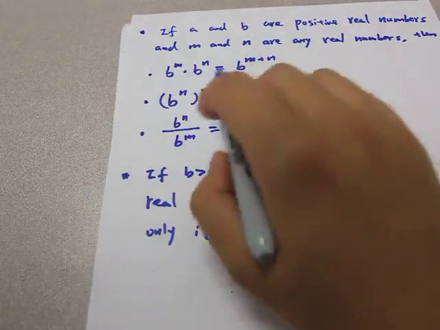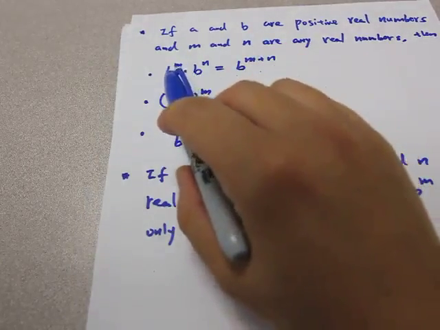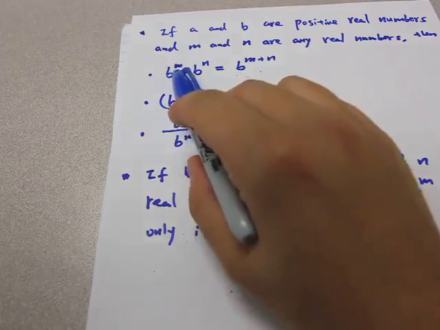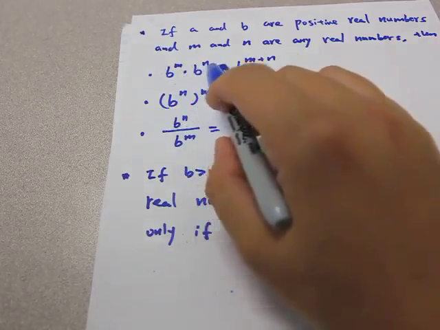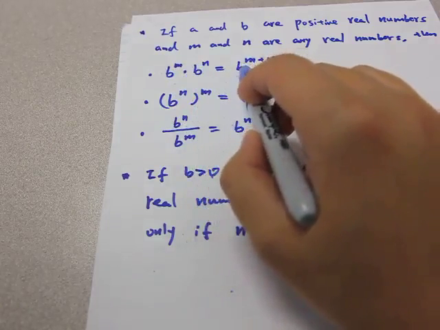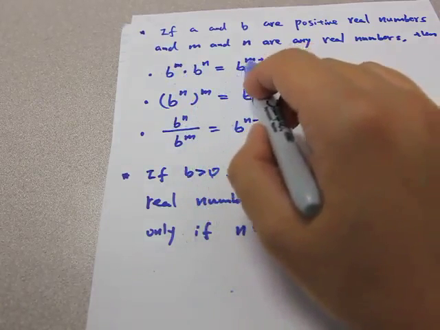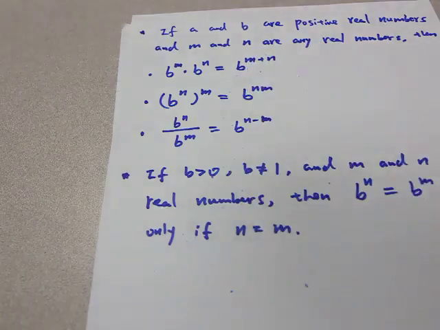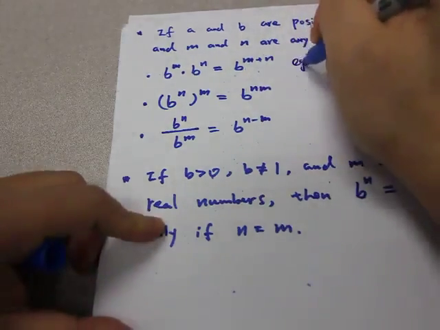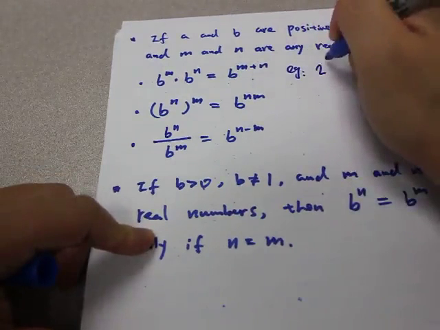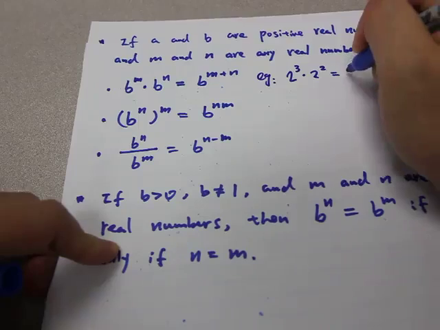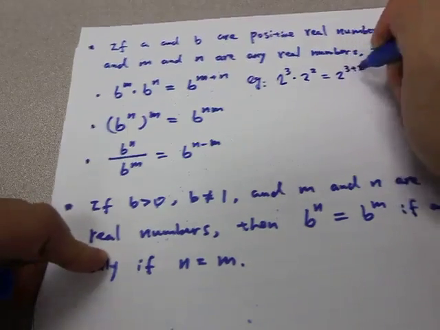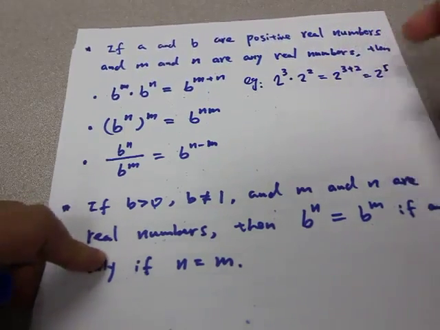So we're going to have these properties. b raised to the power of m multiplied by b raised to the power of n is equal to b raised to the power of m plus n. So for example, 2 to the 3 times 2 to the 2 is equal to 2 to the 3 plus 2, which is 2 to the 5.